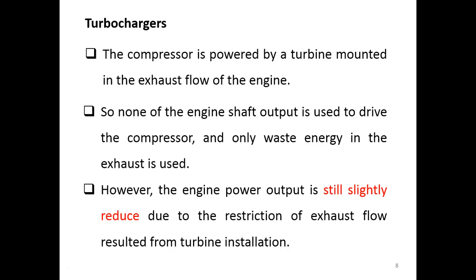So doing this results in a slight reduction of the engine power output, because the exhaust flow cannot flow out smoothly due to the turbine installed in the flow path. Okay.